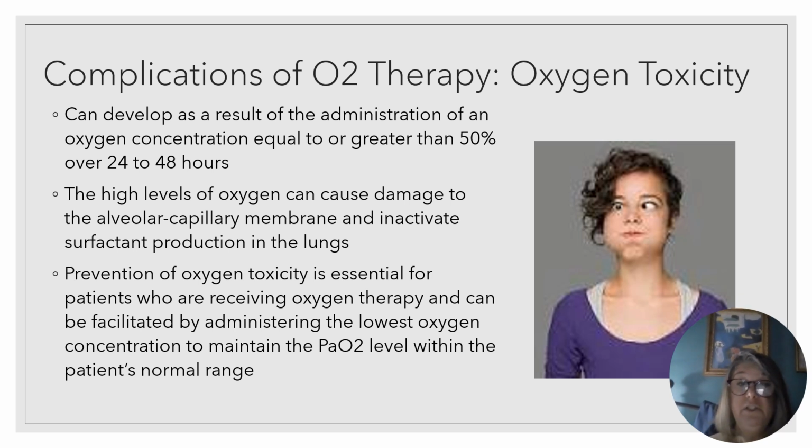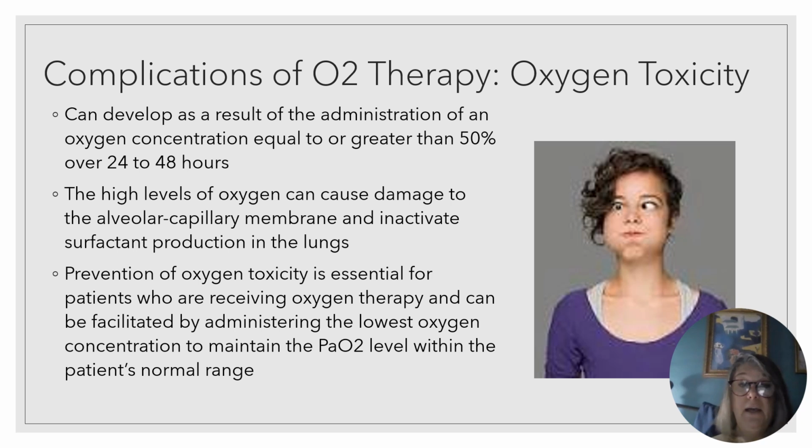So prevention of O2 toxicity is essential for patients who are receiving O2 therapy and can be facilitated by administering the lowest oxygen concentration to maintain the PaO2 within the patient's normal range. And remember, the PaO2 is the O2 level that we get from an ABG versus a pulse ox, all right?